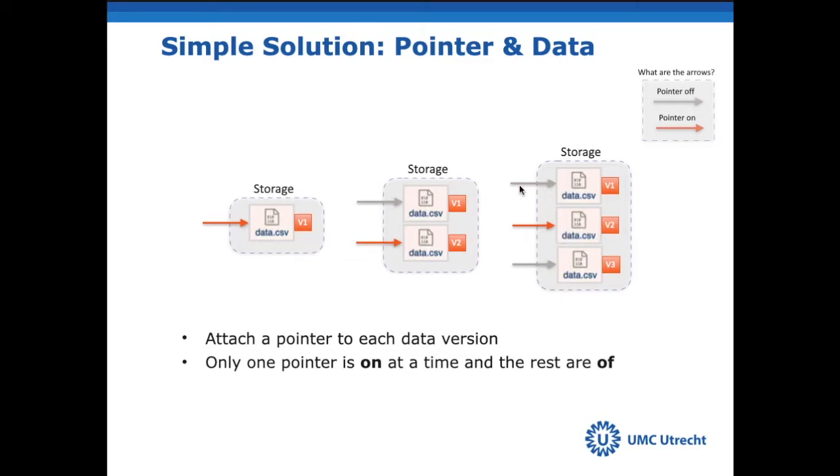So what we see with this pointer and data concept is that whenever you have a newer version, you can choose whether you would like to point at the latest version or at, for example, the second version or even an older one.